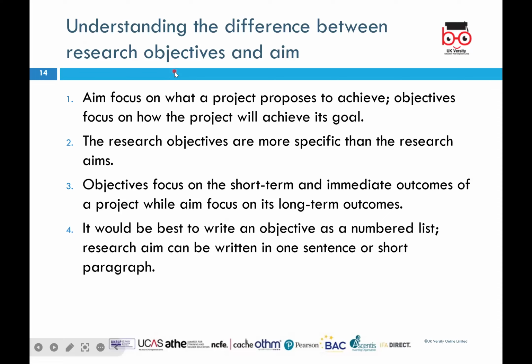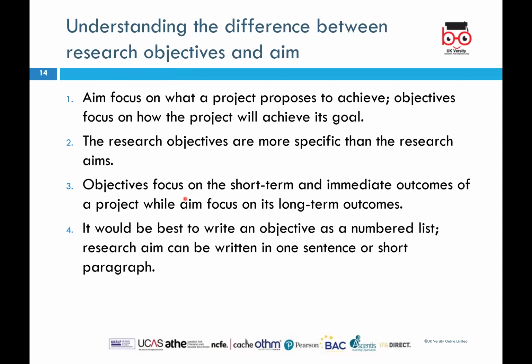Then you need to understand the difference between research objectives and aim. So the aim focuses on what the project proposes to achieve. Objectives focus on how the project will achieve its goal. The research objectives are more specific than the research aim.